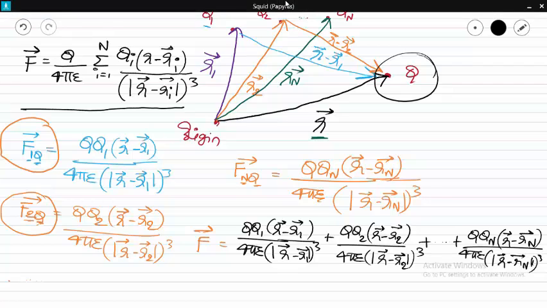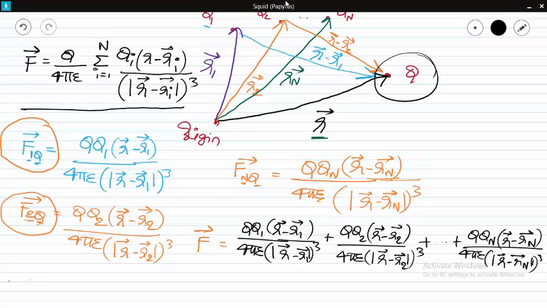So this is all about Coulomb's law of force, and how it helps us find either the amount of force of attraction or the amount of force of repulsion between the two given charges, and in which direction the force acts.